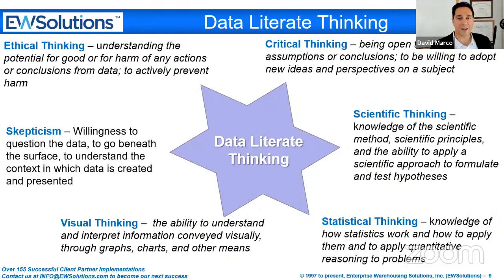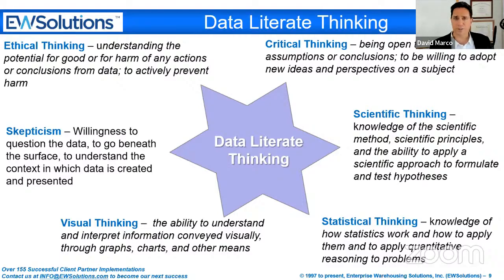The last type of data literate thinking I want to bring up is maybe the most neglected one, ethical thinking. When we work and use data, we need to really look at what is the potential good or harm in any actions or conclusions from this data set. And we want to prevent that. I could take up hours describing organizations that fail to think ethically.